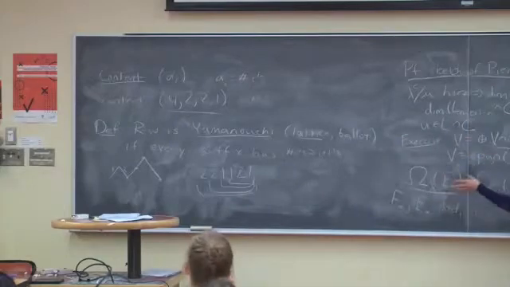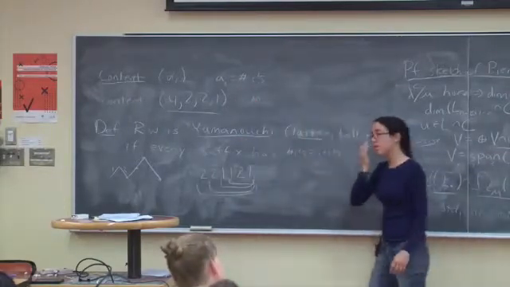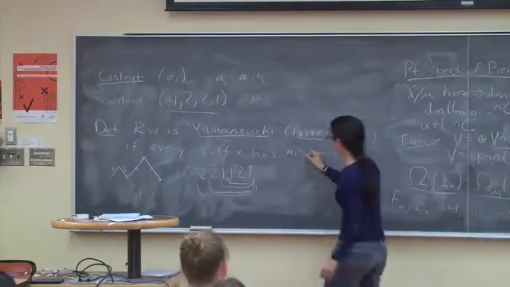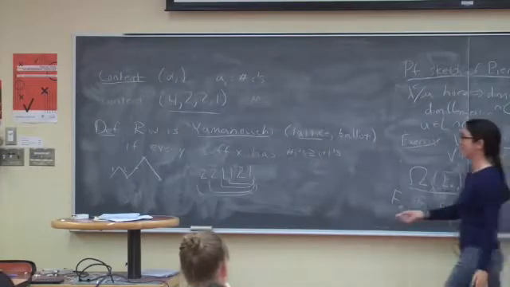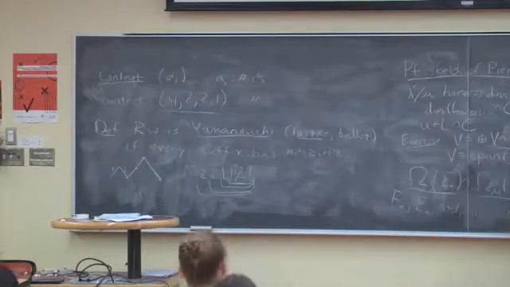That has to be true for all adjacent pairs of letters for it to be Yamanouchi. Yes, it's very important. It can definitely be equal. For instance, 2, 1 is allowed.